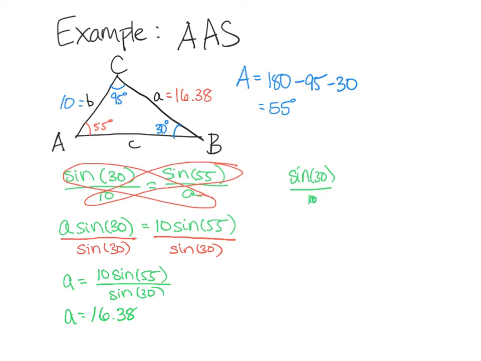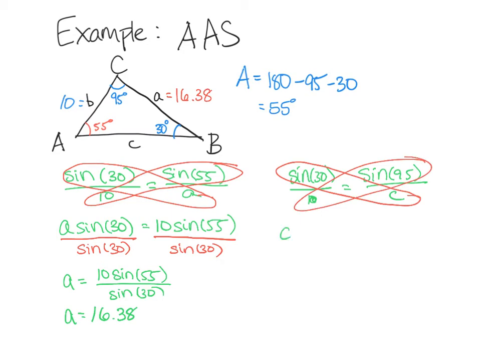So we'll do sine of 30 over 10 is equal to sine of 95 over our side length C. So we're going to copy these steps again. Cross multiply and get C times sine of 30 is equal to 10 times sine of 95. Then I'm going to divide both sides by sine of 30.